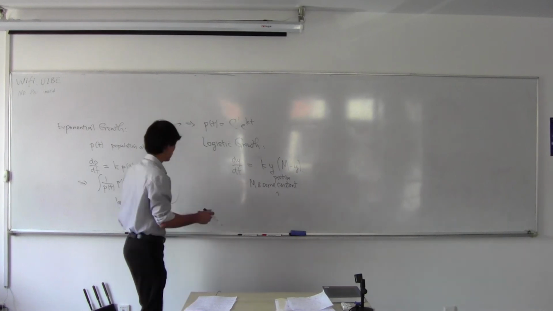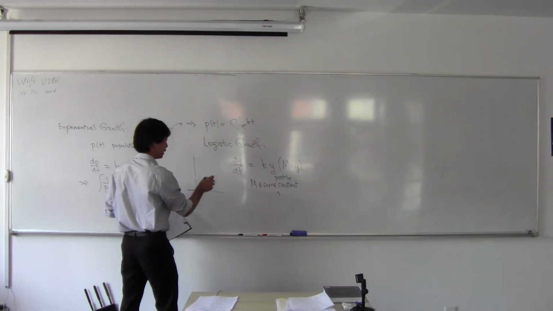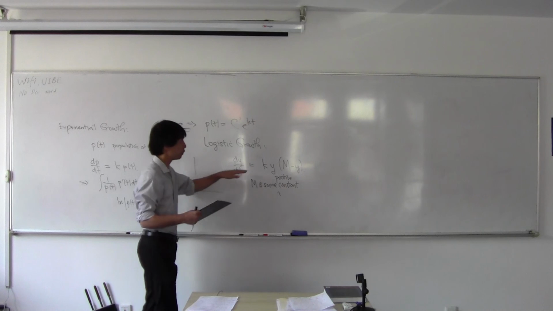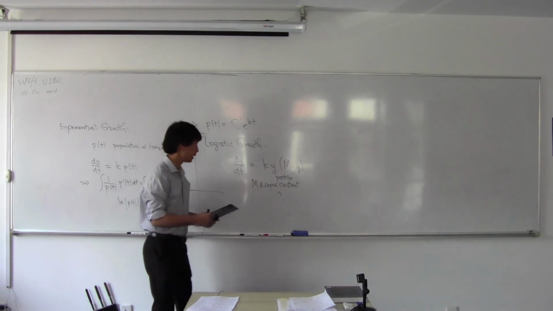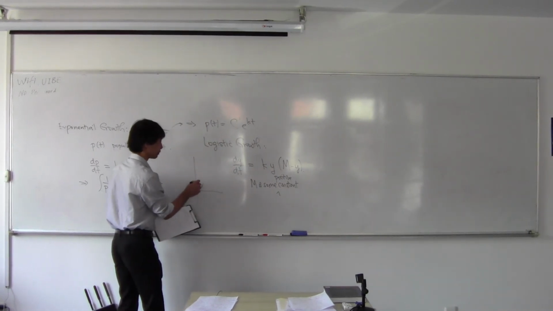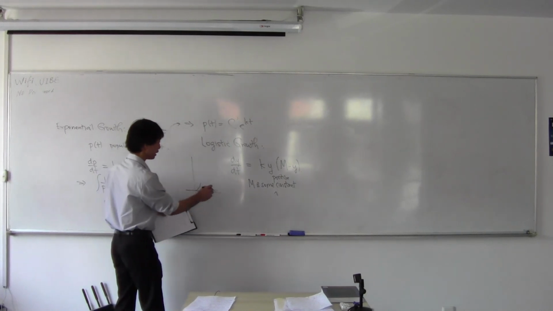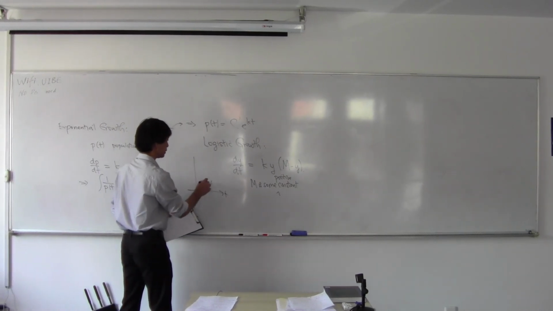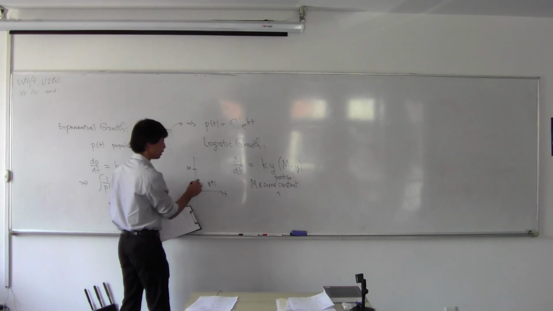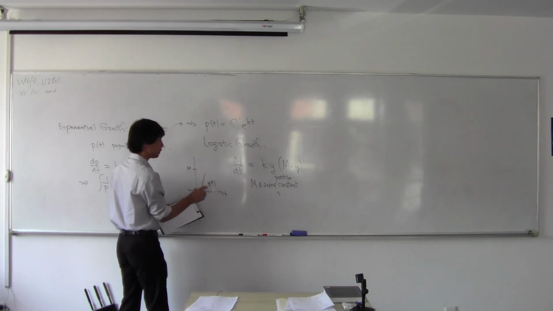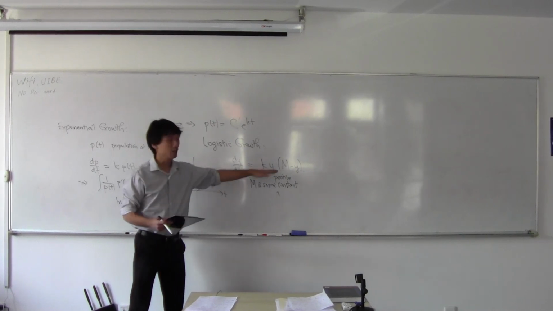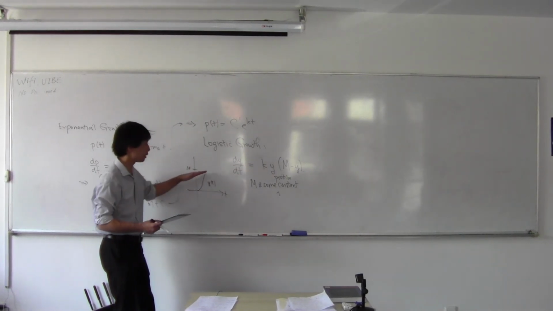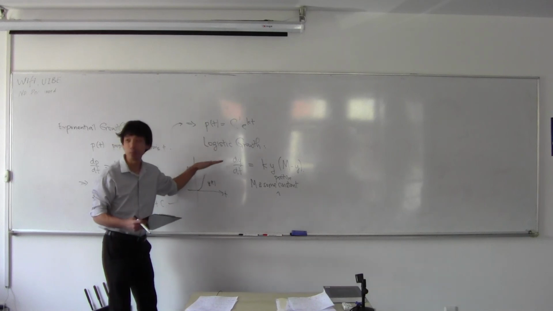When y is small, this is just like kmy, and at the beginning you're going to grow exponentially. Here's time, and here's your population. You grow exponentially, but as you get closer and closer to m, your derivative becomes smaller and smaller.